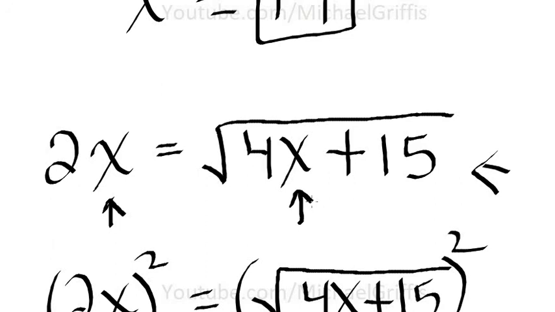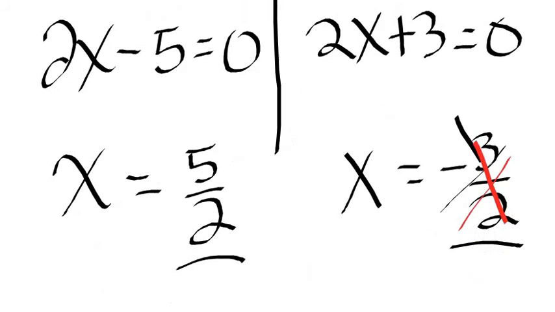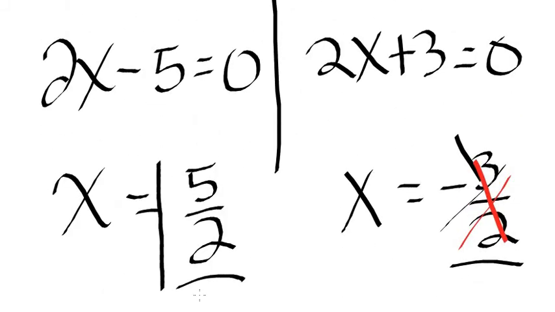Square root of 25 is 5. Okay, plug 5 halves in over here. You get 5 over 2. The 2's cancel out. You get 5. So that's the solution.